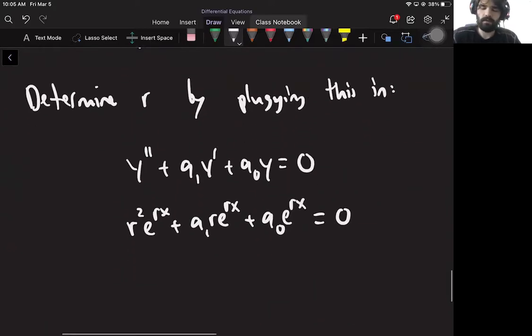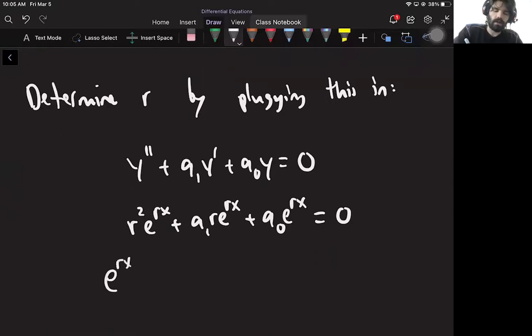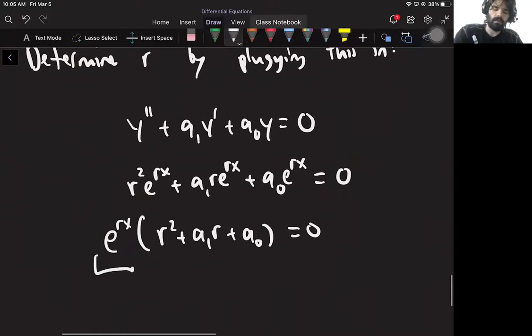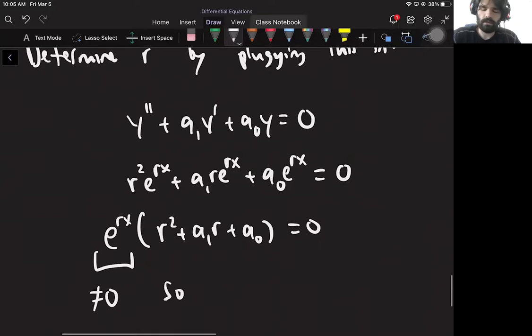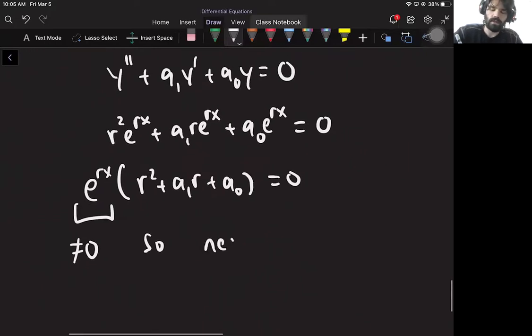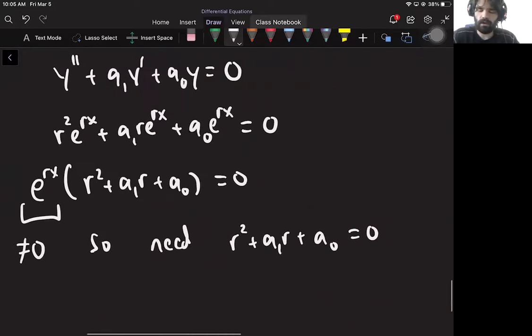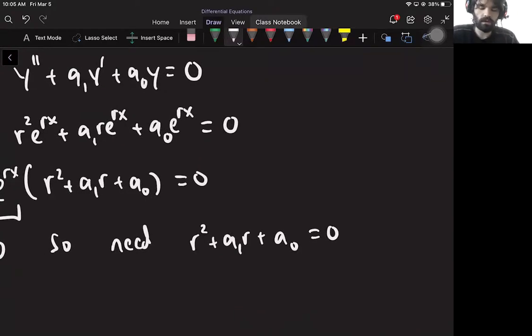I want this to be 0. I can factor out my e to the rx again and safely know that this is never 0. So to make this be 0, to determine r, I can set the other piece equal to 0. And I can solve for r in terms of the constant coefficients a1 and a0 that would be predetermined in the problem already.